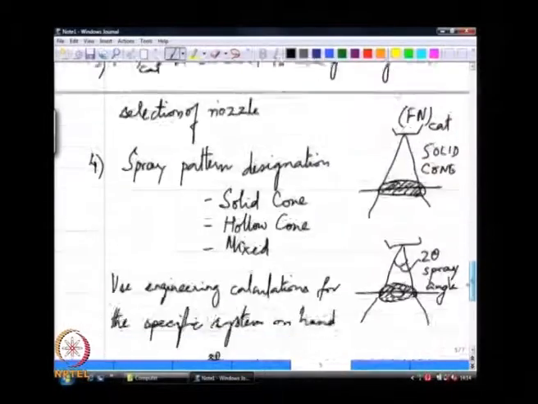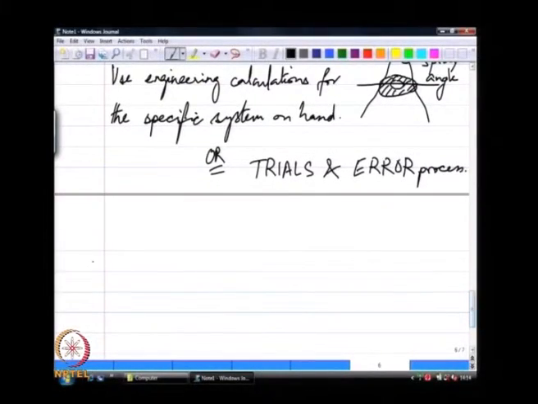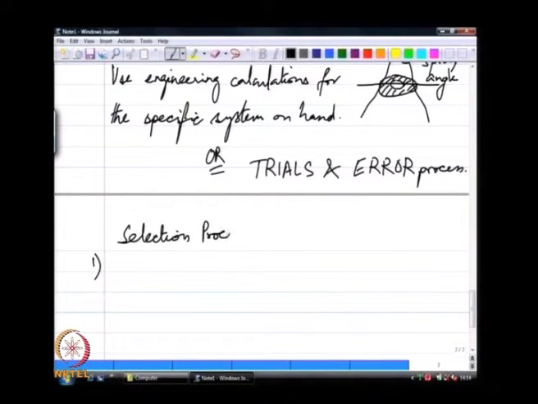But if the trial process is expensive, like maybe in some cases, you may need to go through some calculations to really come down to one nozzle as your specification. So, this is if the answer to Q5 is no. We will write down the exact same process if the answer to question 5 is yes.